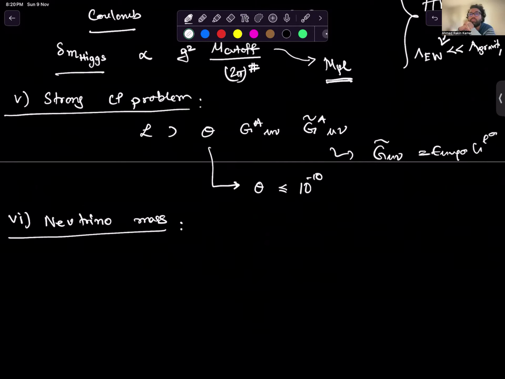If you remember how we wrote down mass terms for fermions, you needed the left-handed and the right-handed fields. If there's such a mass term for the neutrinos, then it suggests there should be a right-handed neutrino. There's no mechanism in the standard model explaining why neutrinos should be massive or why right-handed neutrinos should be there.